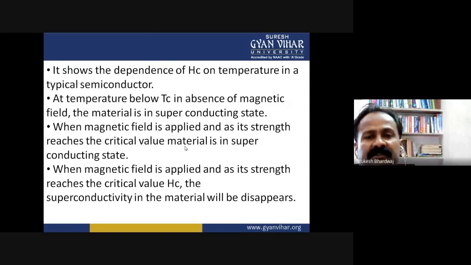It shows the dependence of critical magnetic field on temperature in a typical superconductor. At a temperature below Tc, in the absence of a magnetic field, the material is in the superconducting state. When a magnetic field is applied and its strength reaches the critical value Hc, the superconductivity in the material disappears.